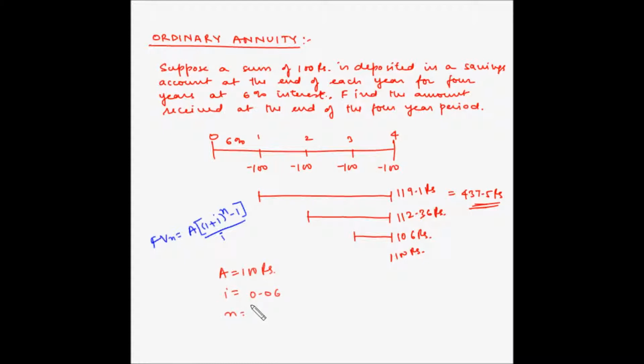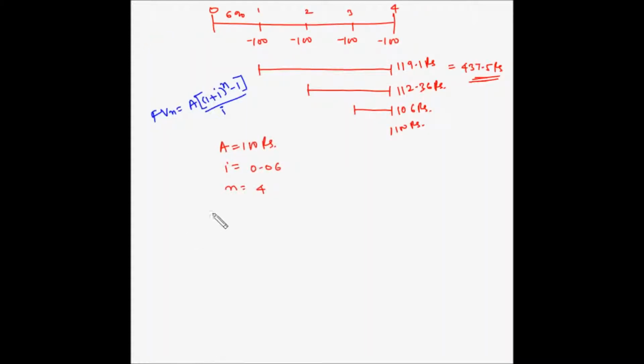N is the number of compounding periods, which in this case is 4 because it's a 4-year annuity. So 4. So let's plug in these values in the formula. So FV, that is the future value, is equal to 100 into 1 plus I is 0.06 to the power n, which is 4 minus 1 divided by I, which is 0.06.